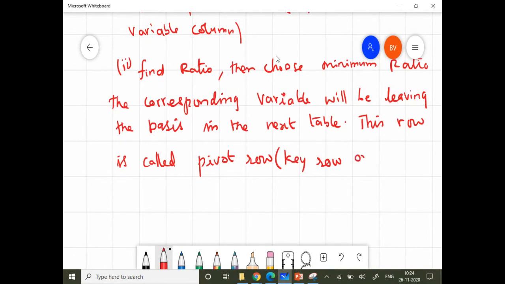There are many ways. Or leaving variable row. So different names are there.